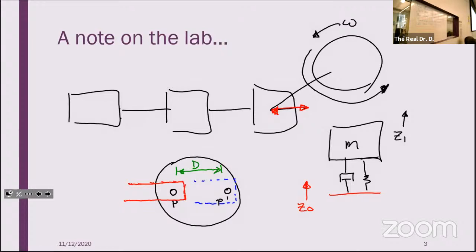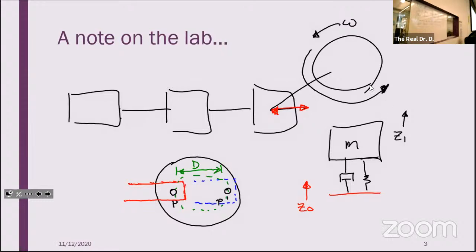This is the maximum distance that this bar can travel, and it's the diameter of the circle that this point travels along. So if we started at point P and we say that's 0, by the time we get to P prime, we're going to have moved by D. And then by the time we get to P again, we're back at our starting position. So we have a relative displacement of D here.